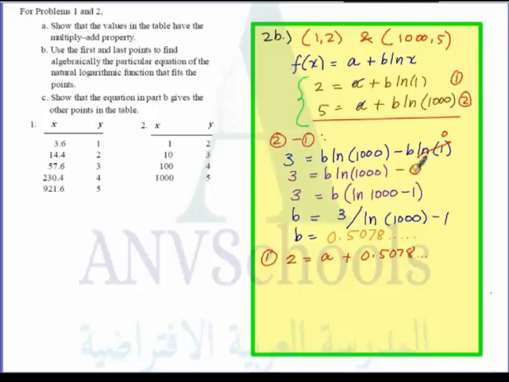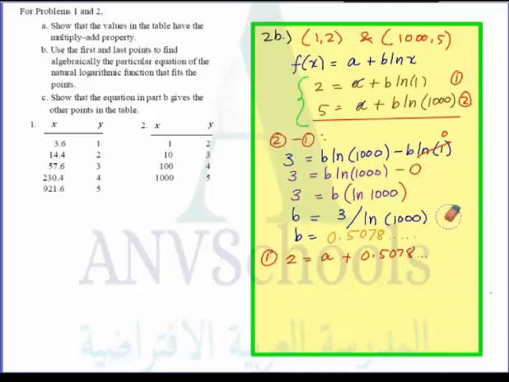So this will become b ln of 1000 minus 0, and so these other succeeding steps would also change. This will become b ln of 1000 only. And therefore, we don't need this 1 here, so we get rid of this.